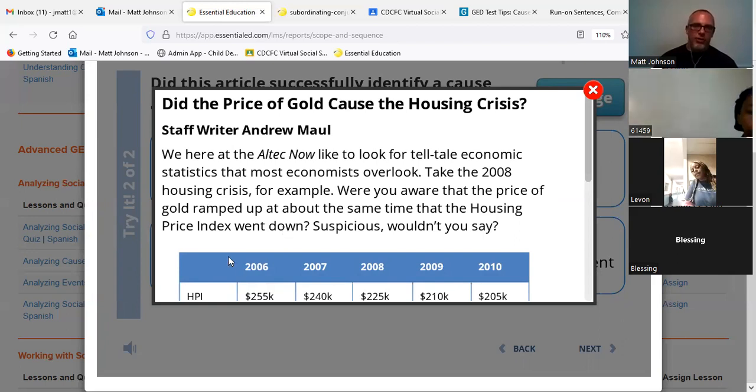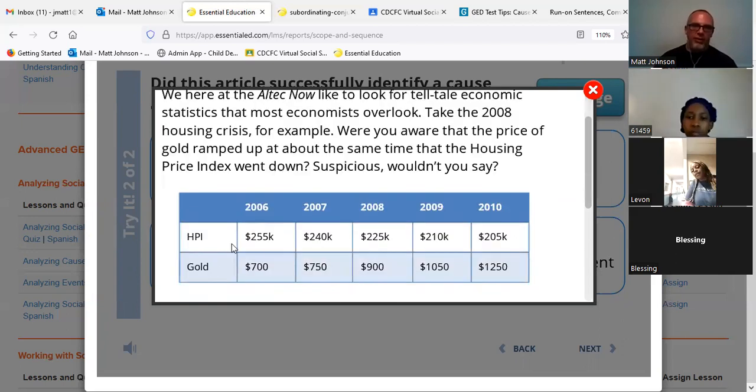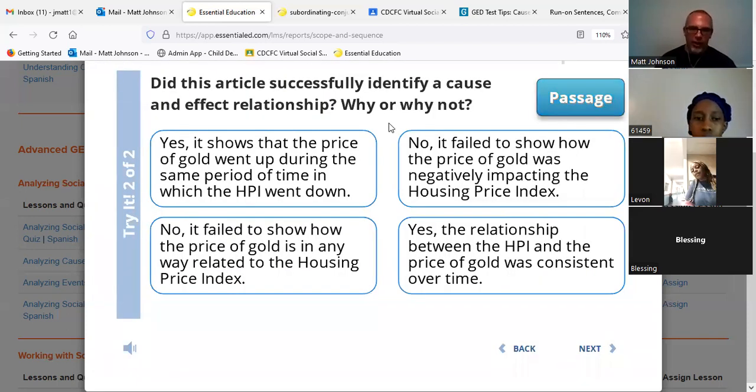We have a table that shows the downturn in the HPI and the upturn in gold at the same time. So now it's asking us, well, okay, we have a correlation. Now it's asking us, did this article successfully identify a cause and effect relationship? And then we have our boxes here asking why or why not.